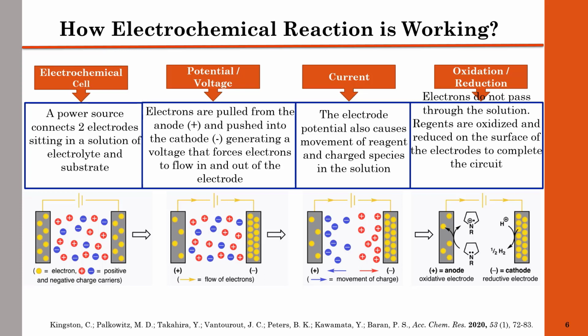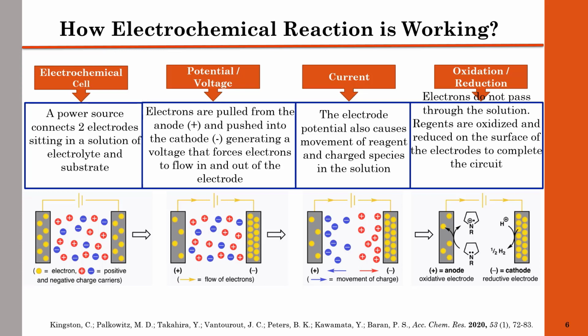This is the general setup for an electrochemical reaction. You can see it has two electrodes, anode and cathode, connected to an external power source, and we also have our electrolytes, reactant and catalyst. Then when we connect the system to the external power source, electrons are pulled from the anode and pushed into the cathode.